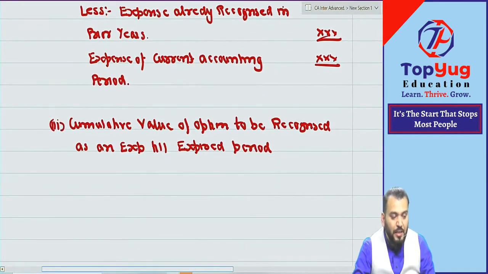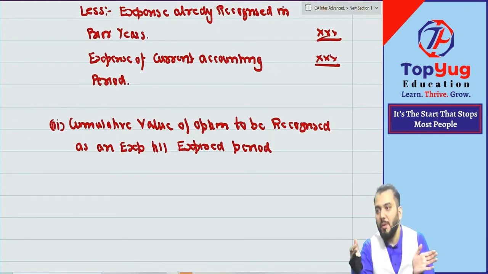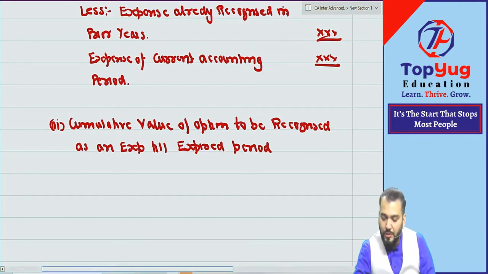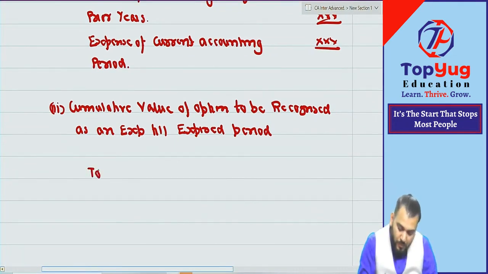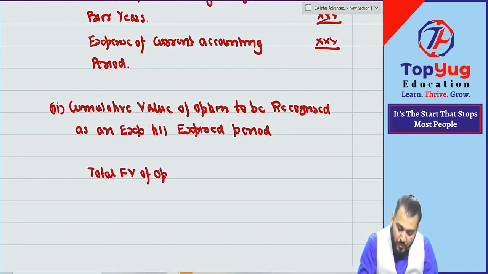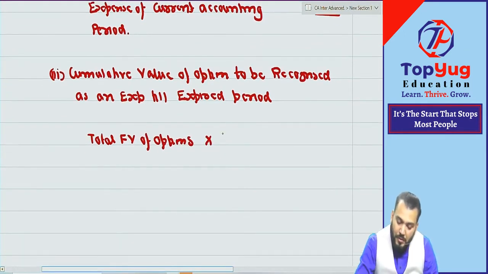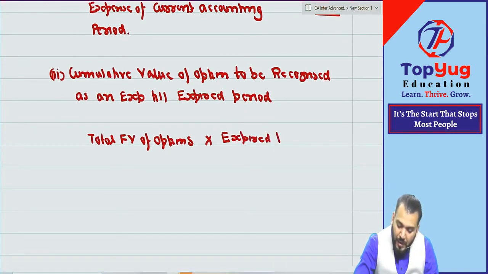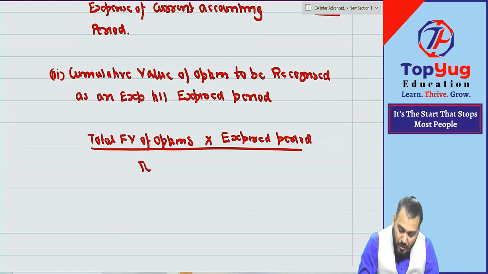It means first we'll calculate the total fair value of options, multiplied by the expired period, divided by the total vesting period.